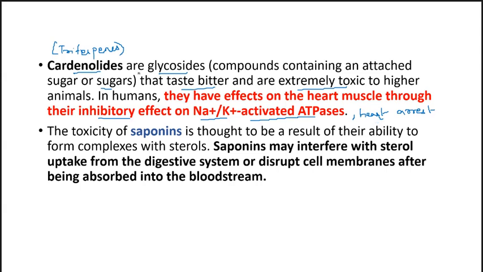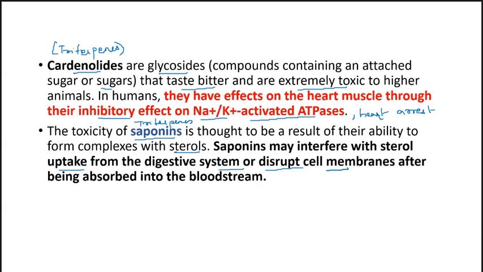So remember, cardenolide inhibits Na+ K+ ATPase in herbivores. Another kind of triterpene which acts against herbivores is saponins. Saponins can form complexes with sterols. Once saponin combines with sterol, it interferes with sterol uptake from the digestive system, so sterol cannot be taken up and it will disrupt the cell membrane structure.